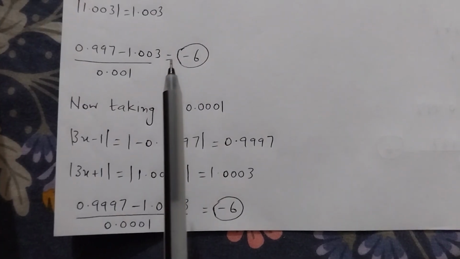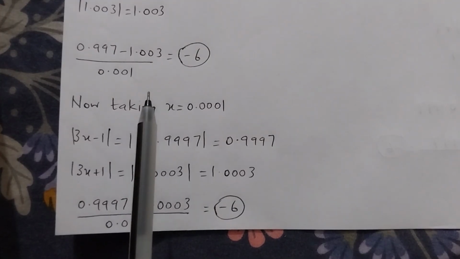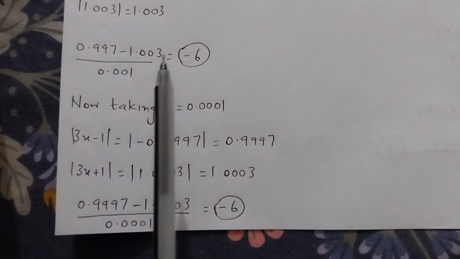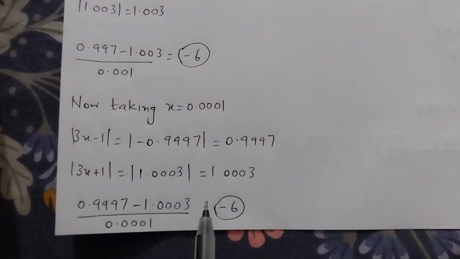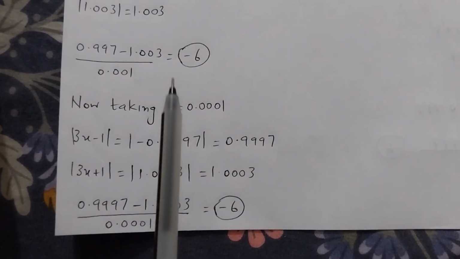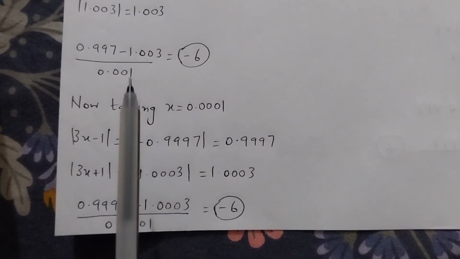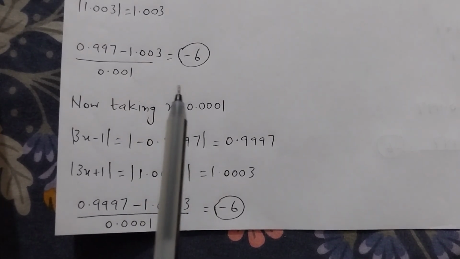So we have seen that when we approached x equal to 0 from the right hand side, from the positive side, we got the answer equal to -6 both times. So when we approach from the right hand side, the function doesn't merely approach -6, it is equal to -6. So the right-handed limit is equal to -6.